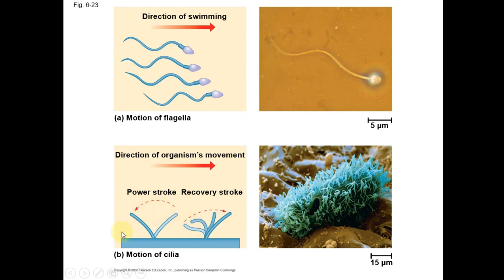So, catapult, tapos, yan. So, meron tayong recovery stroke. Power stroke, meaning magbibuelo. Then, recovery stroke, that's where it will move the organism. Parang ang catapult ba? So, mas maliit yung flagella as compared to the cilia or cilium.